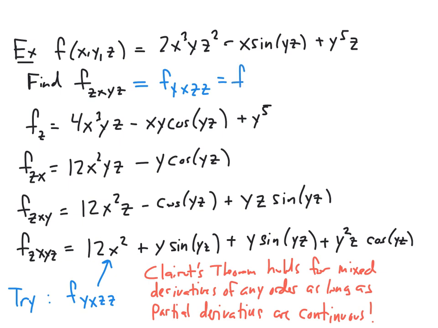So if I did f y z z x or f z x z y, these are all going to equal each other. And so if the functions are continuous, this is really, really nice because we don't have to compute as much as we might think we have to.